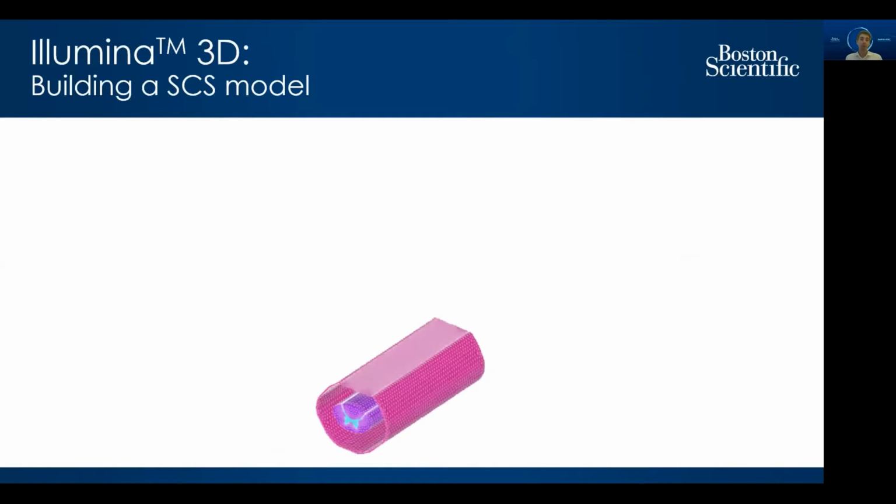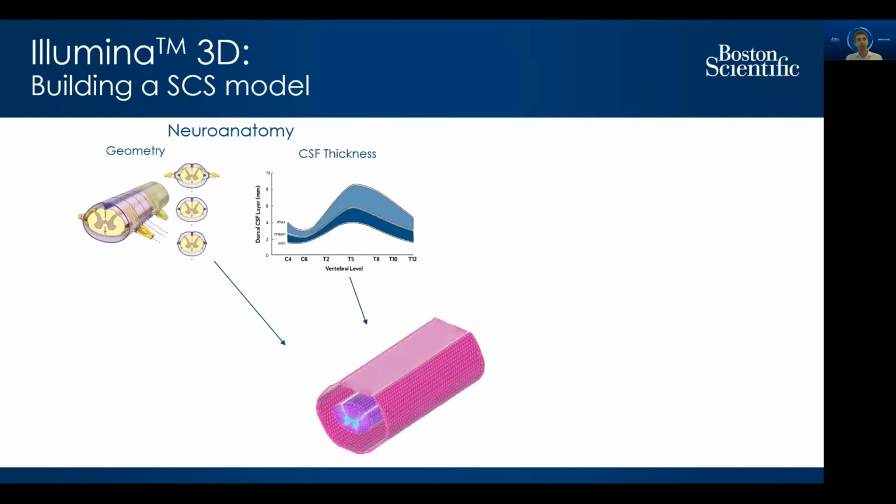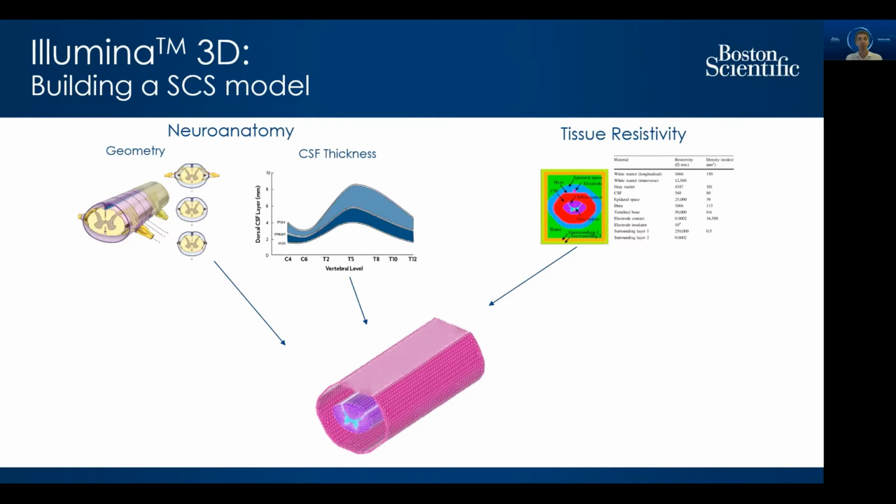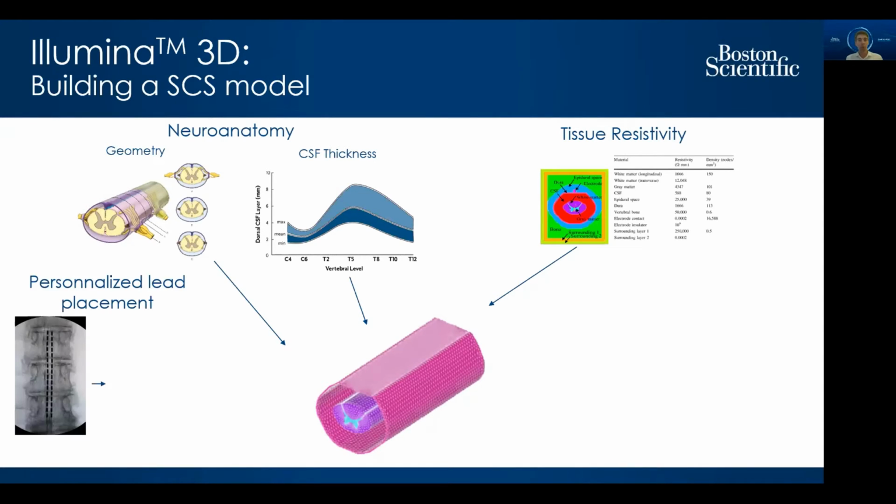So Illumina 3D is in fact based on a 3D finite element model that incorporates spine anatomy and characteristics such as the CSF thickness at the different spine level, but also electrical tissue characteristics of the various elements of the thoracic spine. The model is also customized to each patient as we integrate their electrode placements.